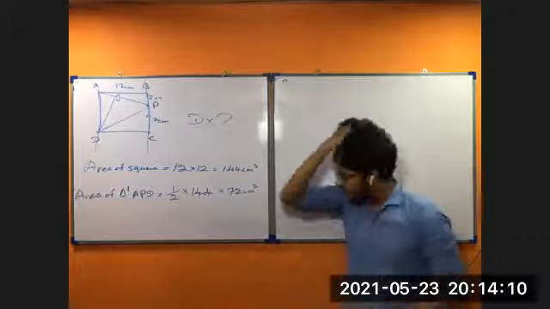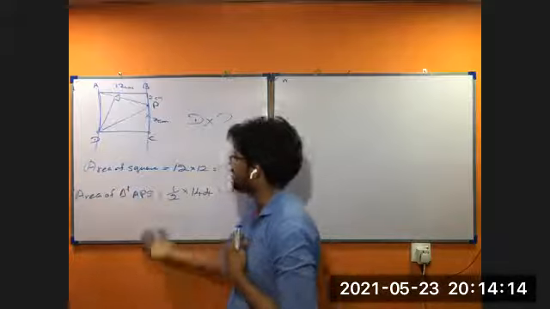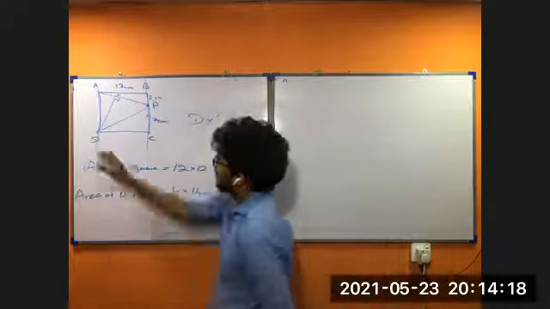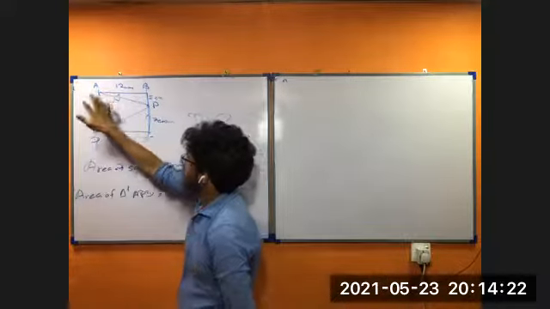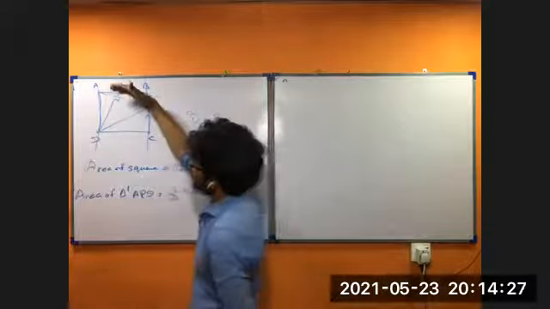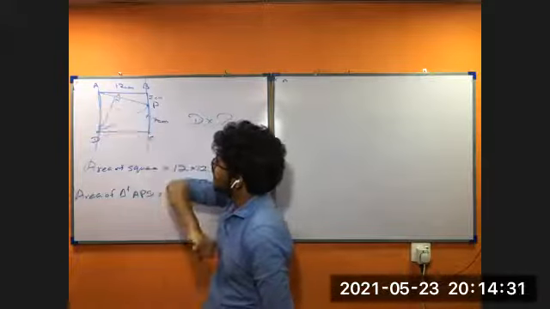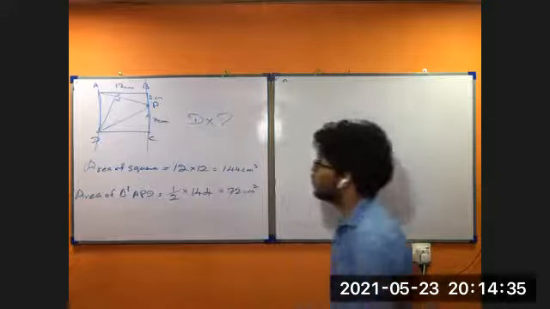Okay, so that is the area of the APD triangle. Then we need to find DX. DX is basically the perpendicular height of this triangle, right? So if you are going to write the area in terms of DX, we will have to find the base AP, but we don't know what AP is.